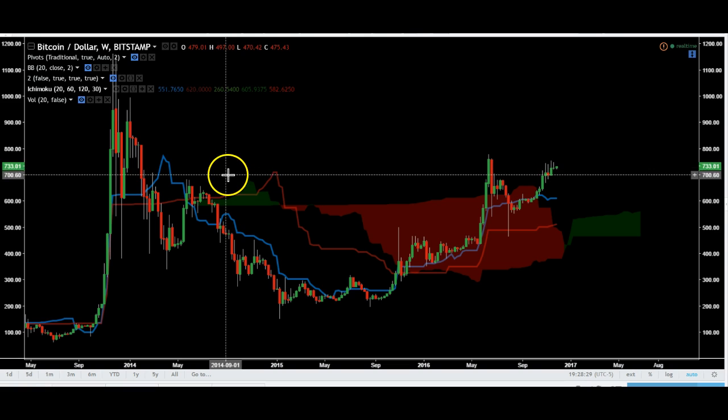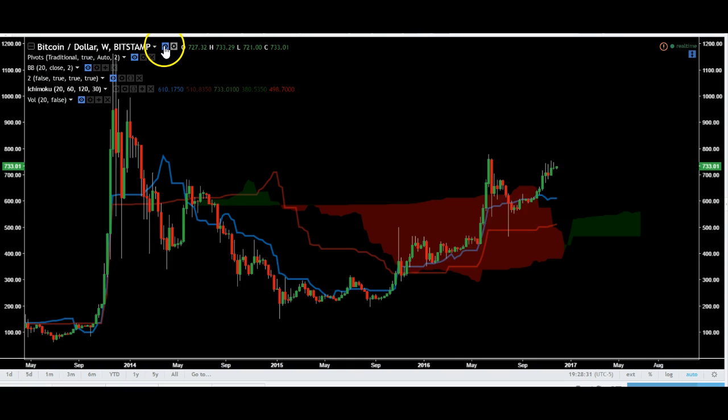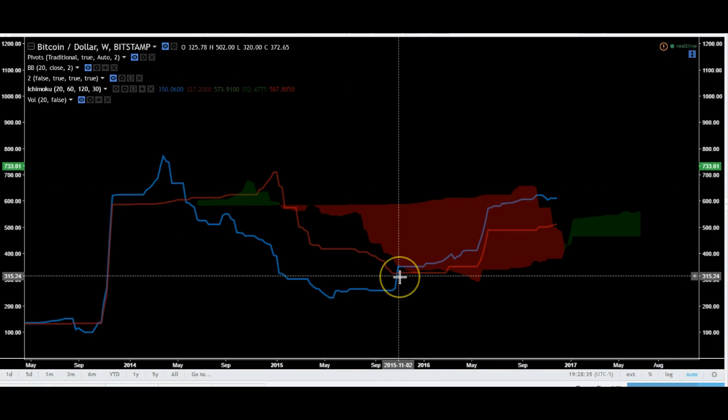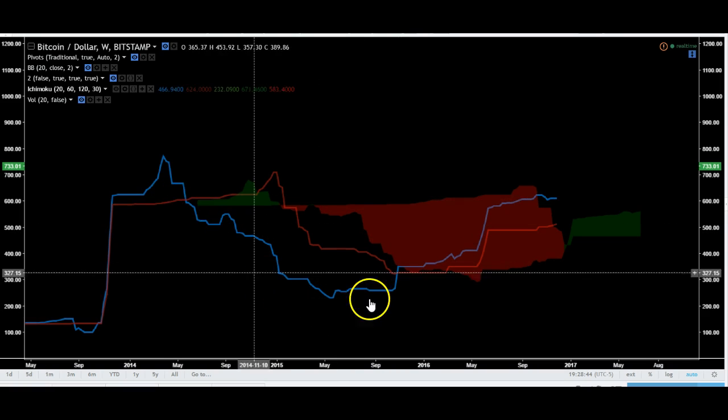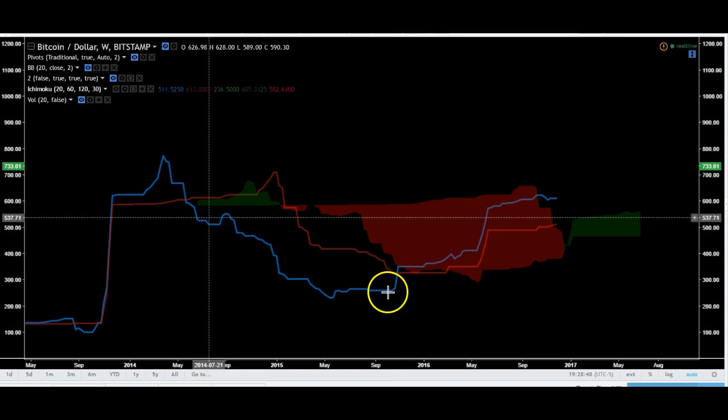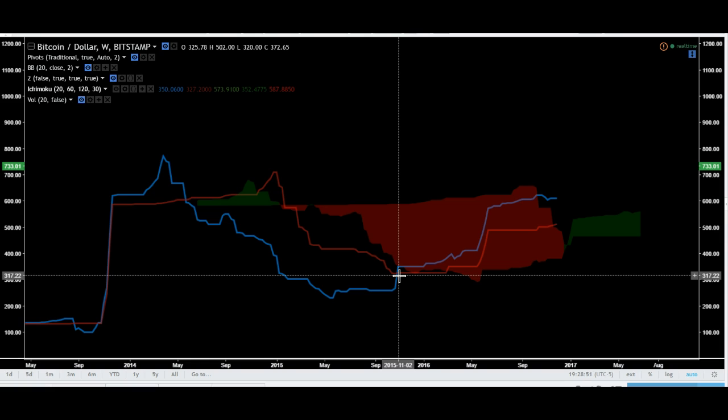Now when you get a TK cross, let me just shut this off, when you get a TK cross again, this is not necessarily, I repeat, not necessarily a bullish entry signal. This TK cross represents a close-your-short signal, okay? So anybody who was short at this TK cross should have closed here.